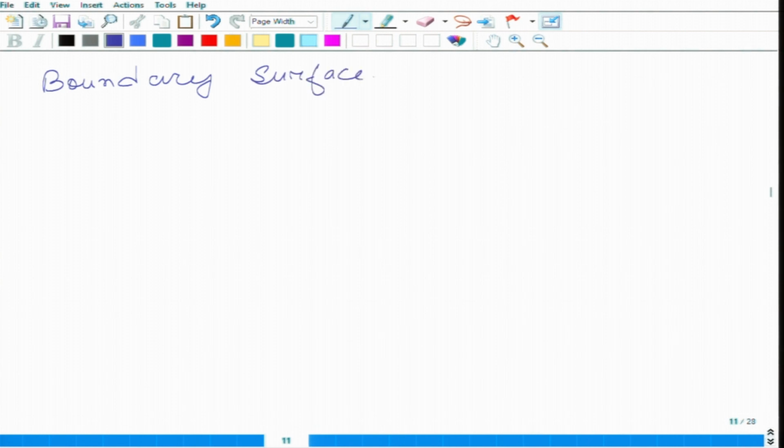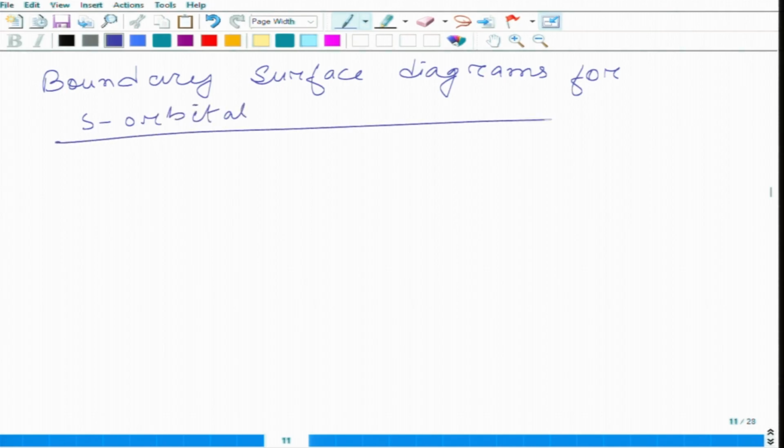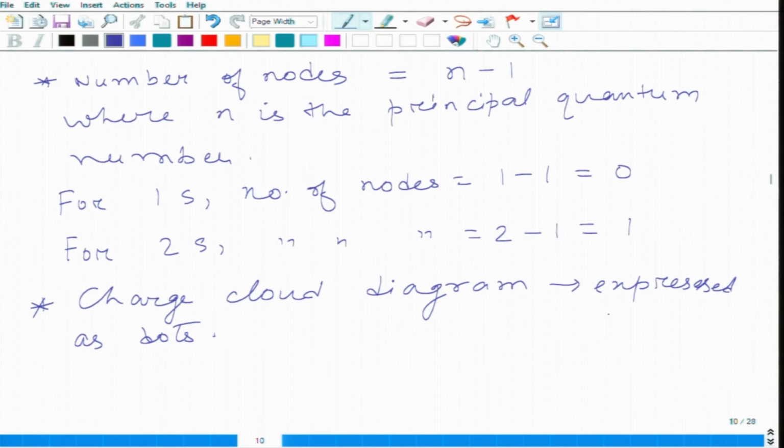Boundary surface diagrams for s orbital. Let us see. In the charge cloud diagrams, the electron probability density is expressed as dots.